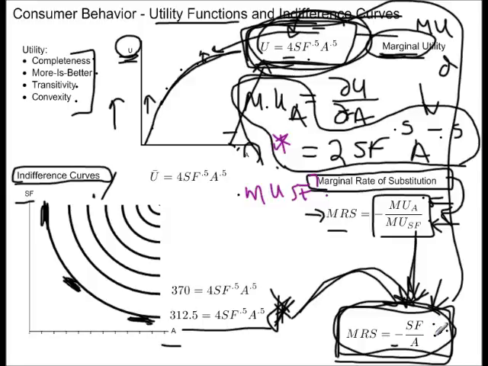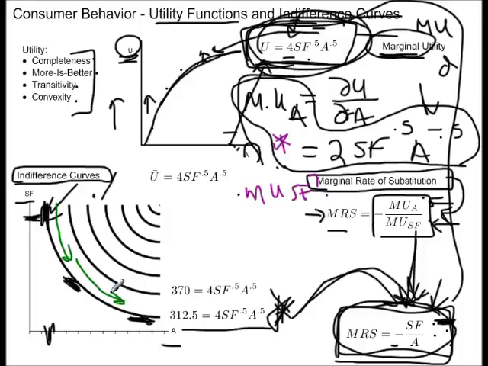So again, if I think about this point right up here, I've got a whole lot of starfruit and a very small amount of apples. If I think about my ratio, a very large number in my numerator divided by a very small number in my denominator, it's going to be a large number. As I move down my indifference curve, the slope is still negative, but becomes less negative.